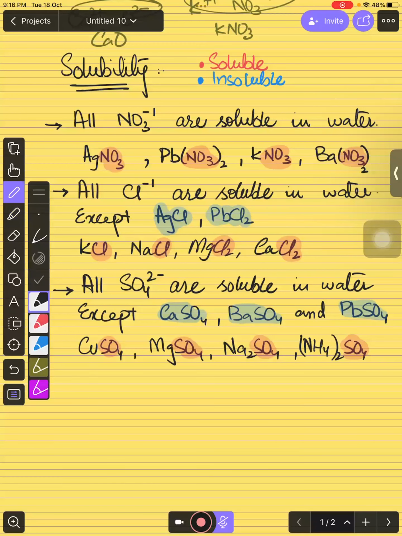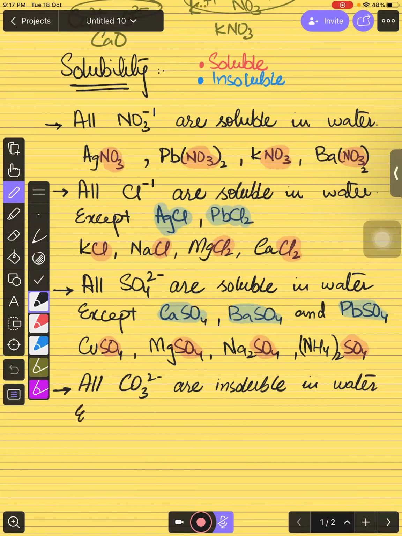So let's move on towards the fourth statement. The fourth statement is about carbonates. Now this is different. All the carbonates, the salts having CO3, are insoluble. Carbonates are mostly insoluble in water.